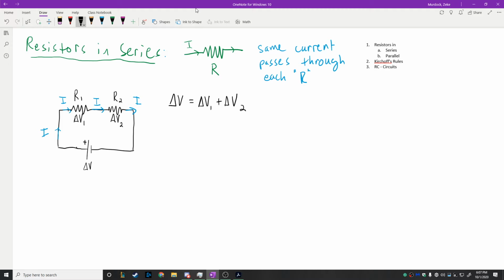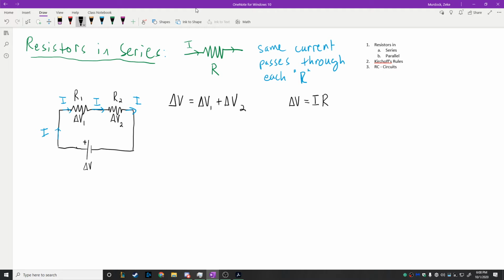Then we plug into this our equation from Ohm's law, that the potential difference across a resistor is equal to the current flowing through that resistor times the resistance R.